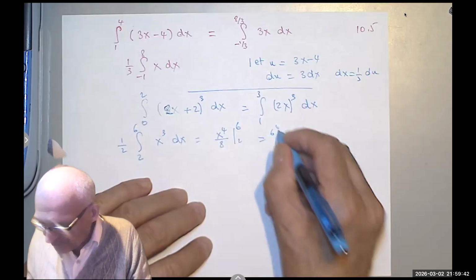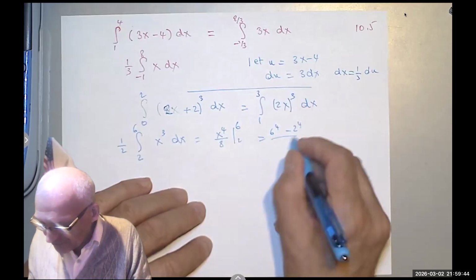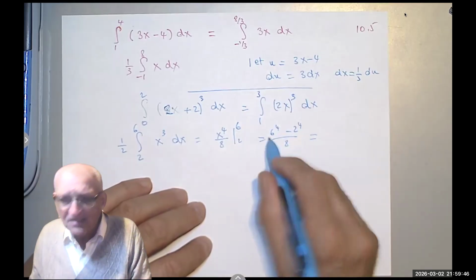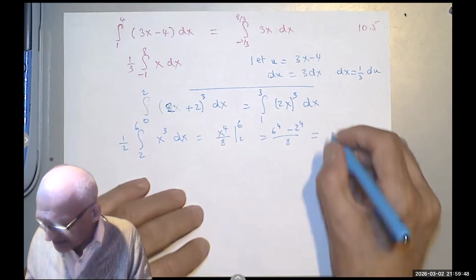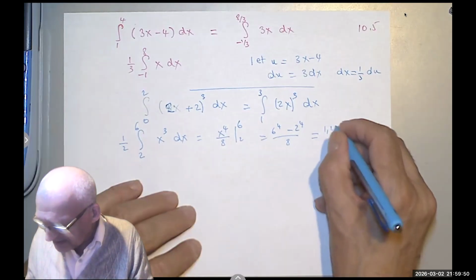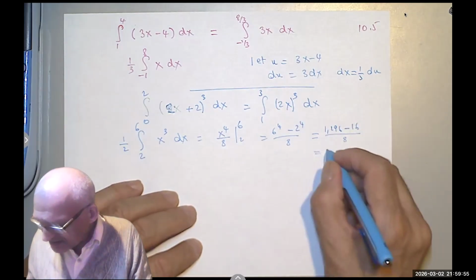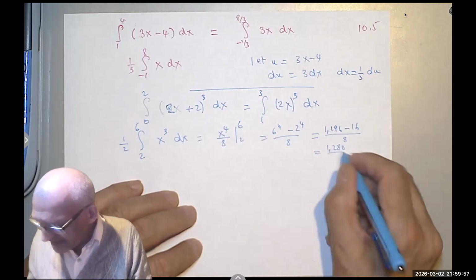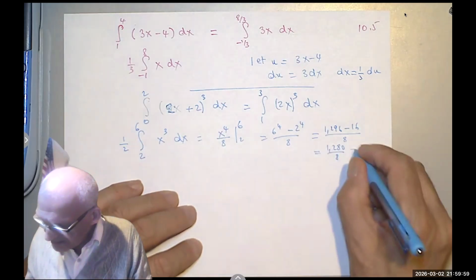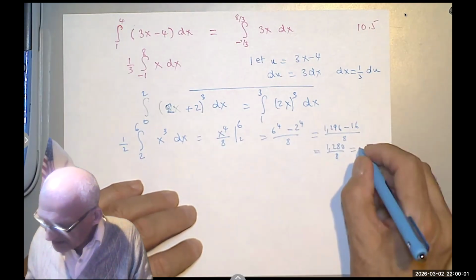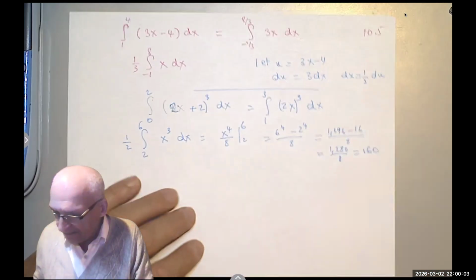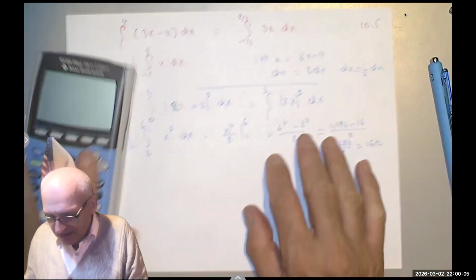So 6 to the 4 minus 2 to the 4 over 8. 6 to the 4 is 36 times 36, which is 1296, minus 16 over 8. It's 1280 over 8, right? It's 160. Let's do this and see.